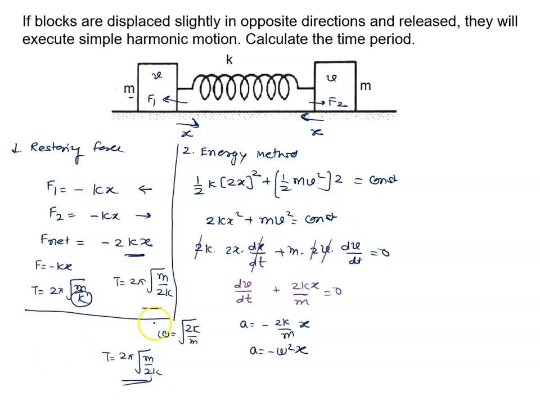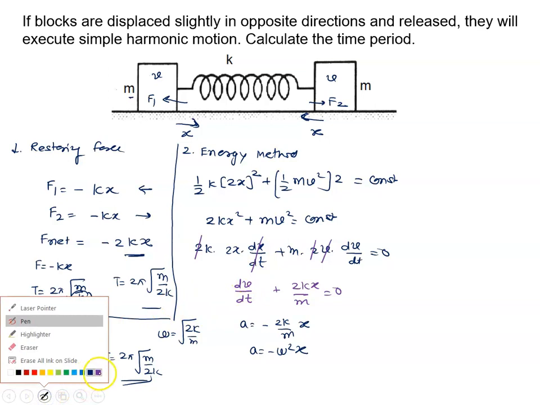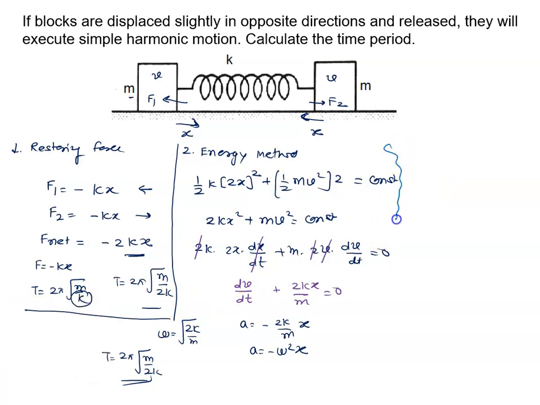And the last method which we take is quite a simple method, and that is the reduced mass concept which I have discussed in the last class. So we take the reduced mass concept. We know if two blocks of masses m1 and m2 are placed, then the reduced mass mu is given by m1 m2 upon m1 plus m2.